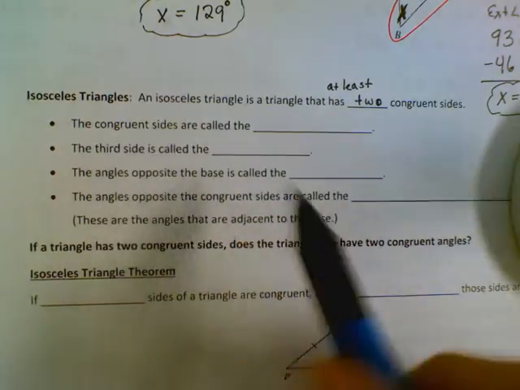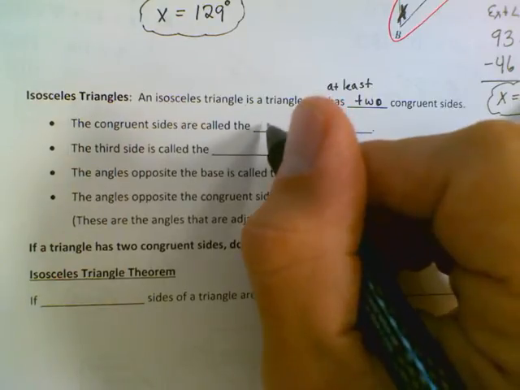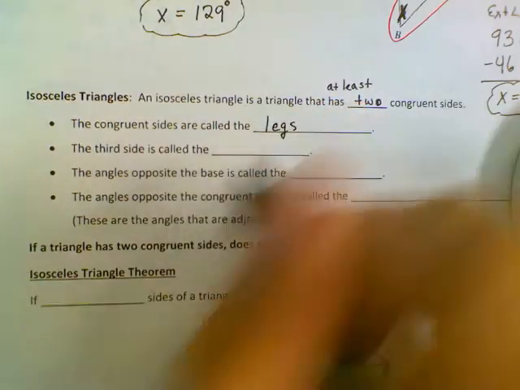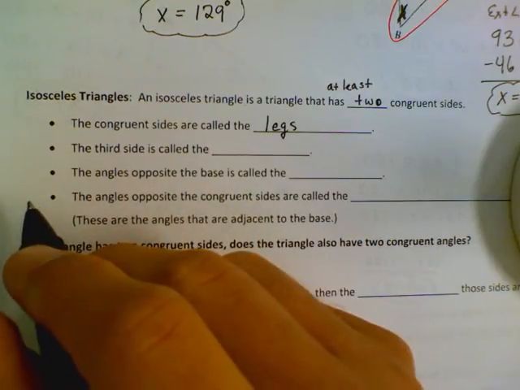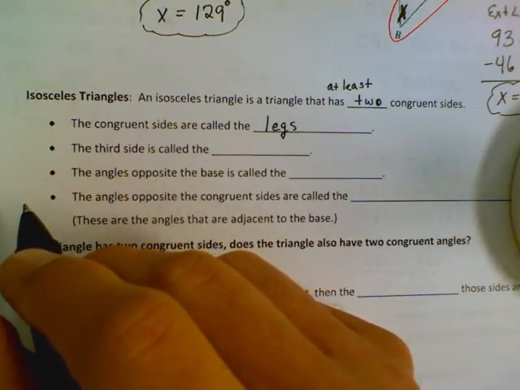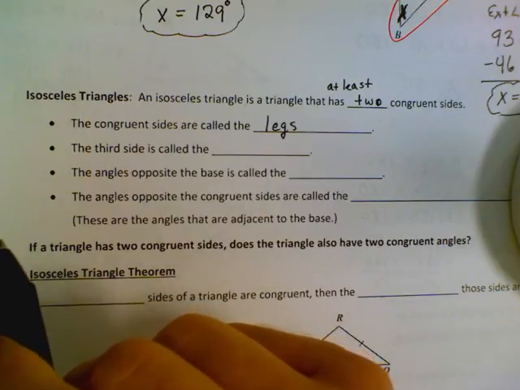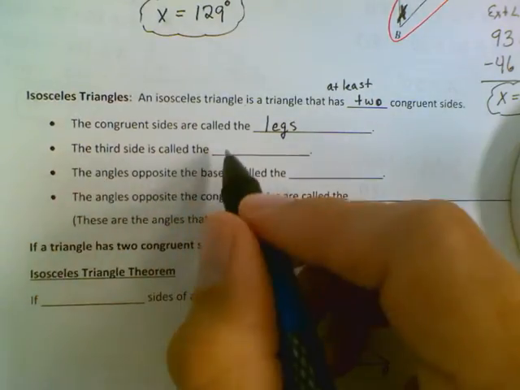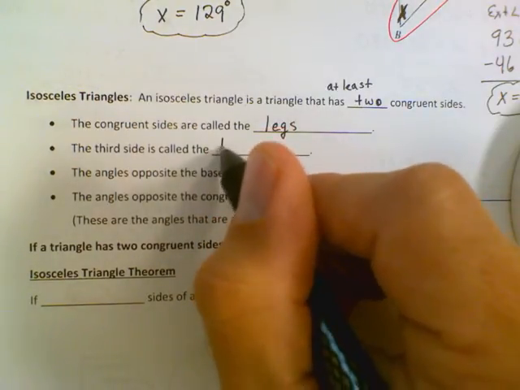The congruent sides are called the legs. The third side is called the base.